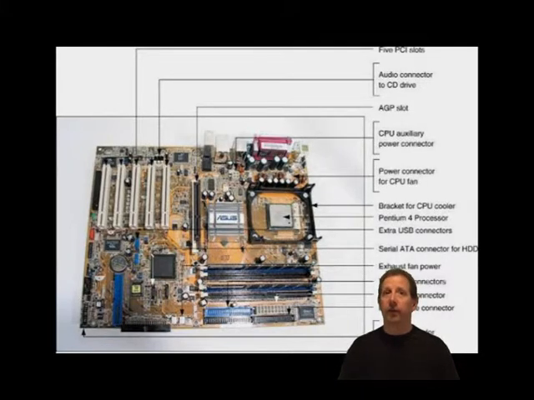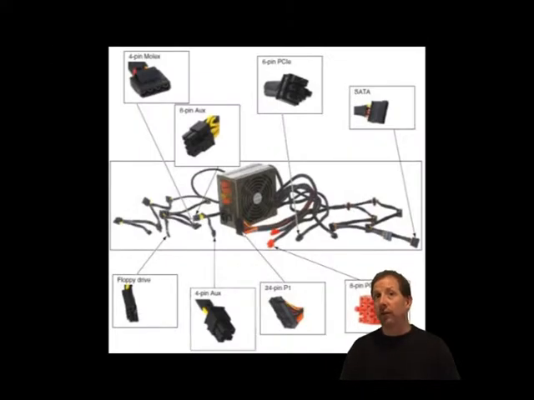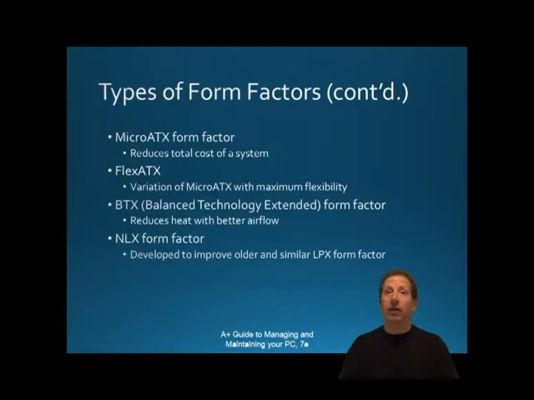For some form factors, wires for switches and lights in the front of the case match up with connections on the motherboard itself. The holes in the power supply align with holes in the case for anchoring the power supply to the case. There are different types of form factors. So when you're selecting a computer case, motherboard, and power supply, choose a design that fits its intended use.